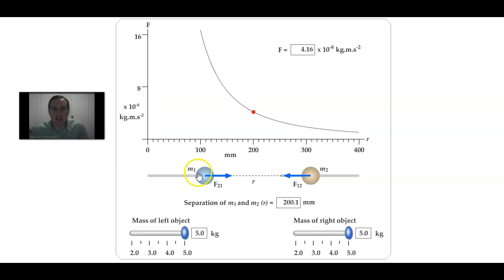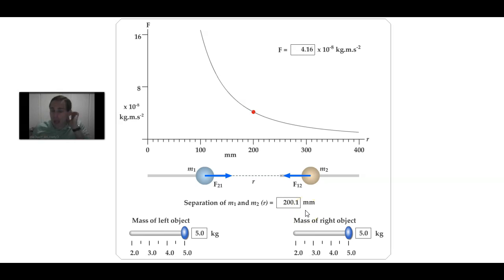Notice that each of these two objects is 5 kilograms. So we're talking maybe like a bowling ball or something. So 2 bowling balls, let's say. And notice that they're separated by about 200 millimeters, which is about 0.2 meters, so about 20 centimeters.